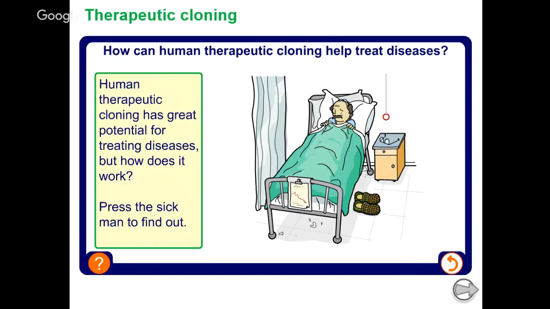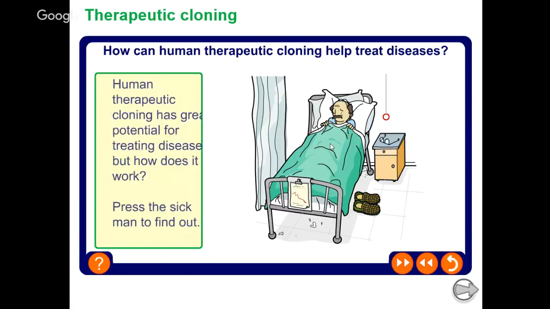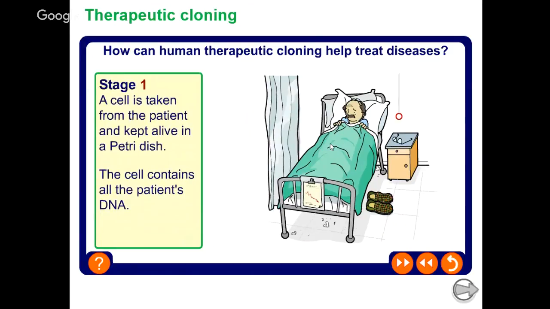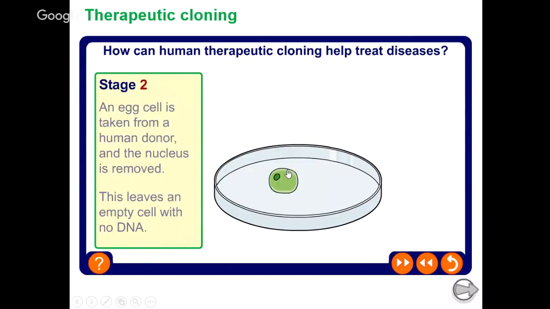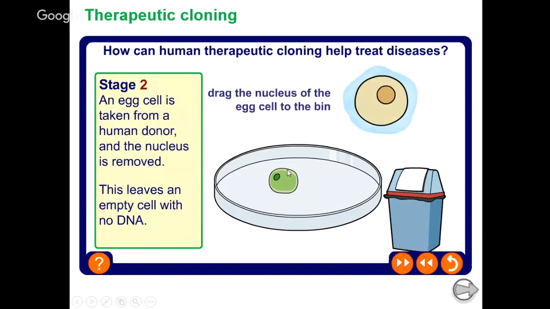So therapeutic cloning is a potential way to treat diseases such as kidney disease or heart disease. So say we've got a heart disease, there's damage to cells in the heart. We could take a heart cell from the patient.